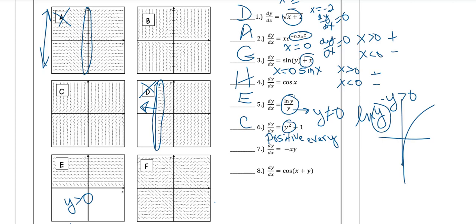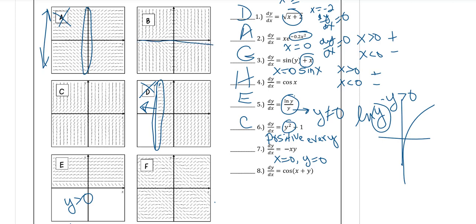Okay, so the first thing you want to see on the next one is that you're going to have horizontal tangent lines when x equals 0 and y equals 0. So you should have horizontal lines along the x-axis and the y-axis. That should be an indication right away. Now you can't see them in B here for that.